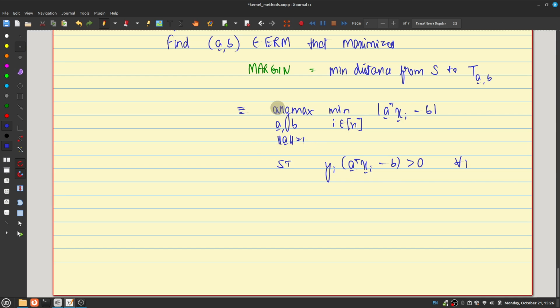What can I say about this particular problem? It's a constrained optimization problem, but can I say something about its convexity?